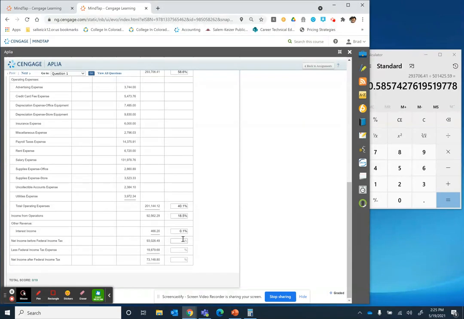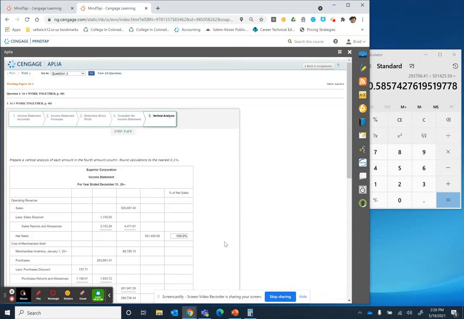Our net income before federal income tax divided by net sales gives us 18.6%. Our federal income tax expense divided by net sales is going to be 4%. And the net income after federal income tax is going to be 14.6%. And that completes the work together for 16-1, where we are preparing an income statement.